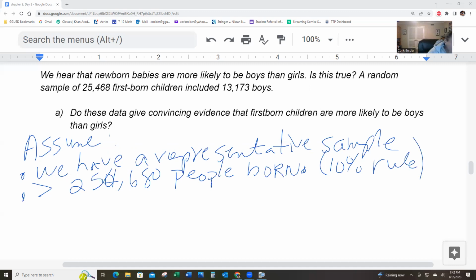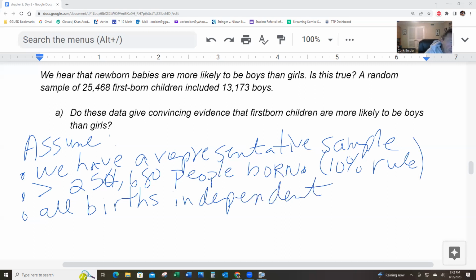Okay, all births are independent. What is that in practical purposes? I'm not really sure. I mean, even if it's twins firstborn and somebody's born first, so all births independent. Then the N in normal, well, we're going to have way more than 10 on this, so I'll just write it out real quick.